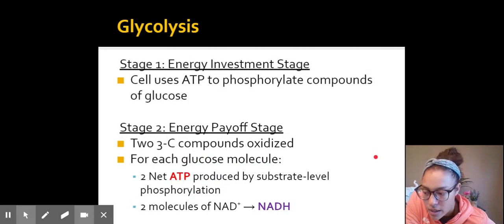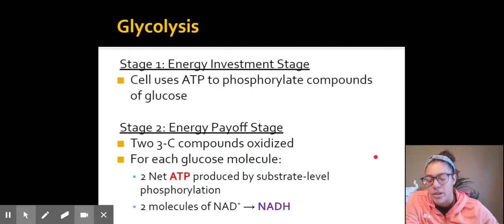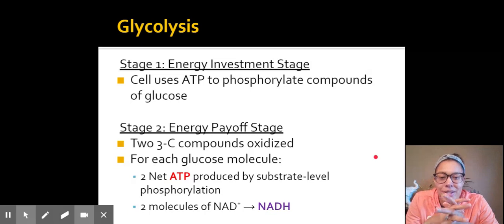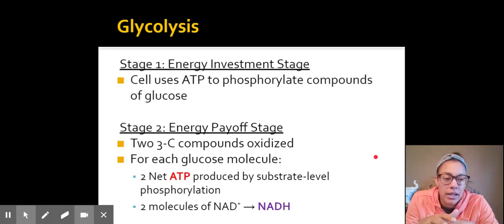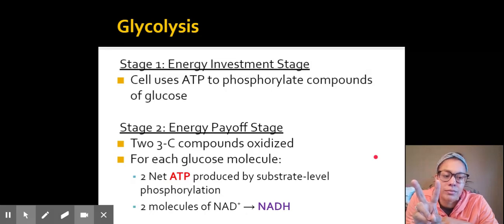Like I said, glycolysis is split up into 2 phases, the energy investment stage and then the energy payoff stage. So early on in glycolysis, 2 ATP has to be used in order to get that glucose ready to be split in half.